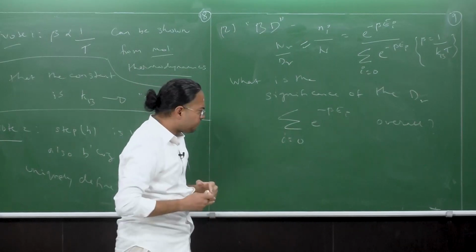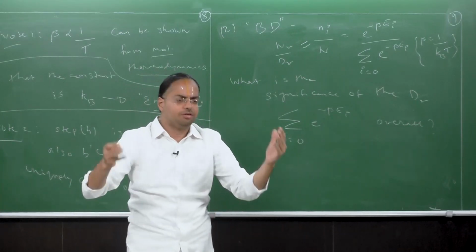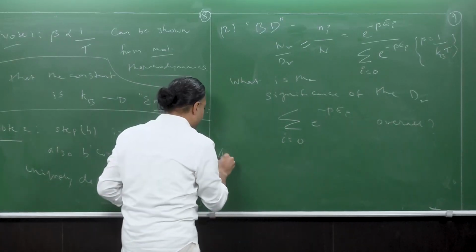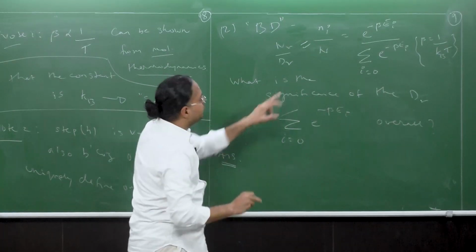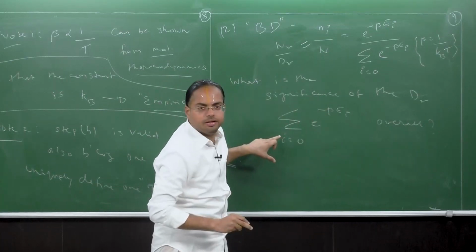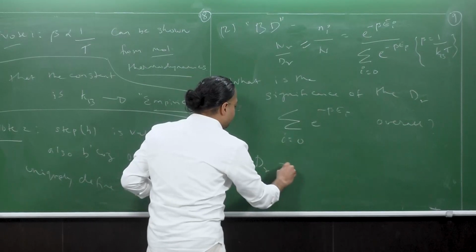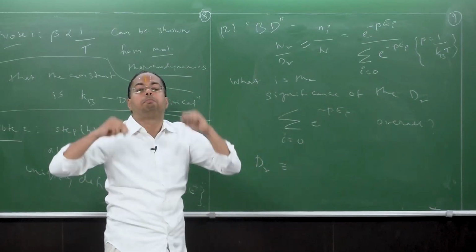The answer, I'll first give you the big picture answer, and I'll justify the answer in a bit, okay? So the answer is that the denominator, that is this term containing the summation symbol, is what is called the partition function.